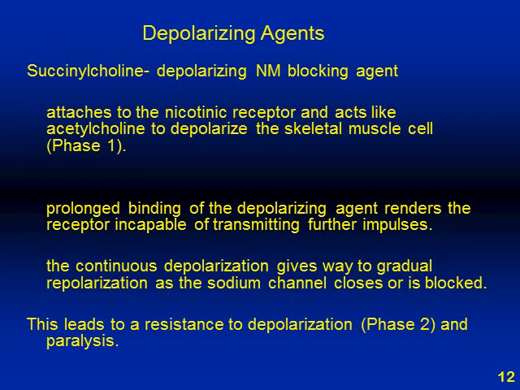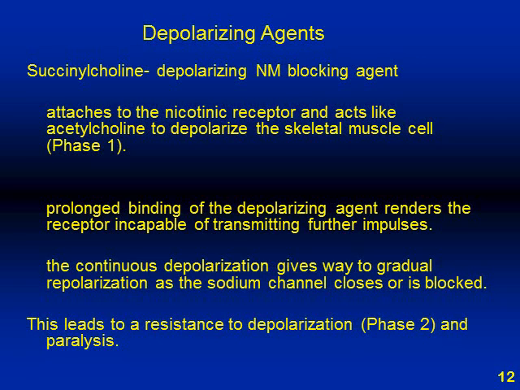But that receptor can go through desensitization. And so prolonged binding of the depolarizing agent results in the receptor being incapable of transmitting any further impulse. And so the receptor is now blocked. First depolarized, and then unable to respond.